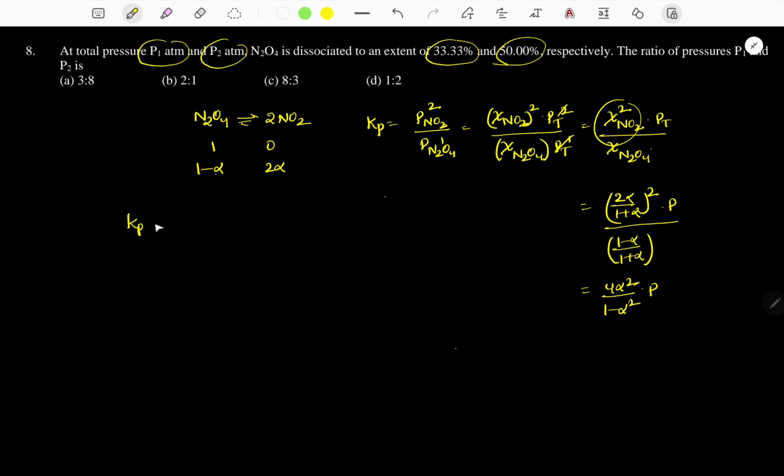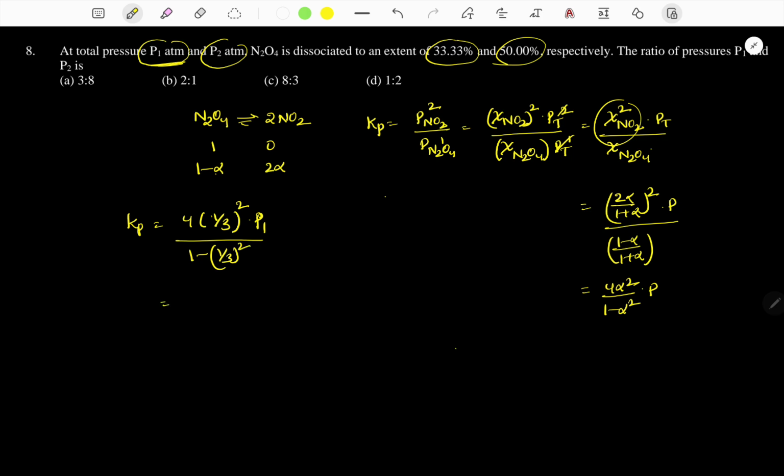So Kp is equal to, when the pressure is P1 atm, 4 into 33.33%, which means 1 by 3, whole square, into total pressure P1 upon 1 minus 1 by 3 whole square.